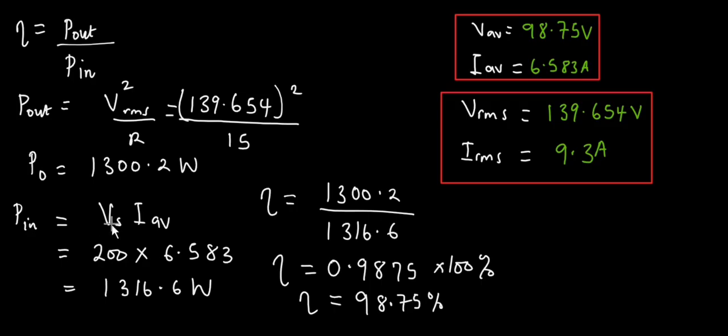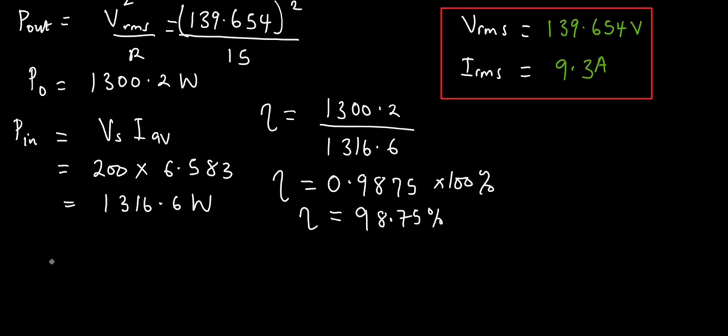So the next thing is to find our input and output power, which we found already. And then we move to the next question. The next question is to find the effective resistance of the chopper, right? So the effective resistance of the chopper is RL equals Vs over I average.